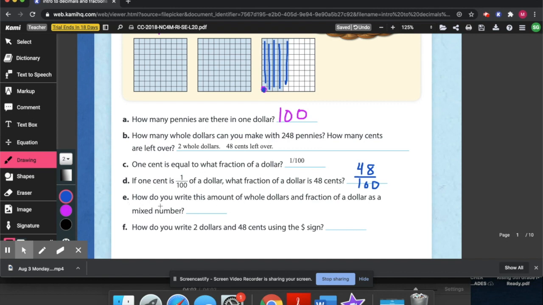E, how do you write this amount of whole dollars and fraction of a dollar as a mixed number? Okay, so I had a great question during our virtual meeting this past Friday, and I mentioned mixed numbers, and nobody could figure out what it was called until I said it, and they're like, oh, that's the one with the big number somewhere in there.